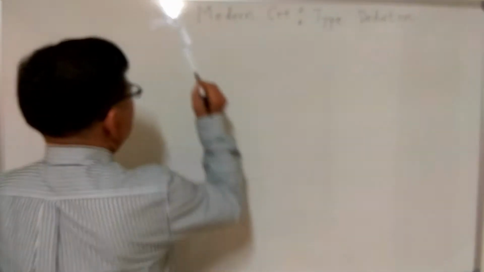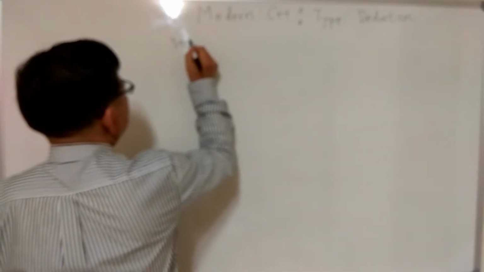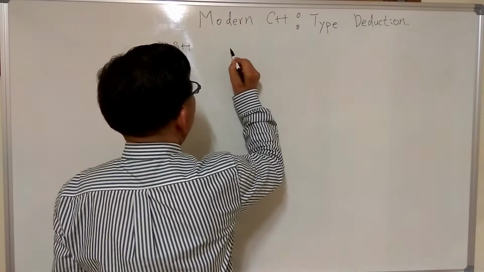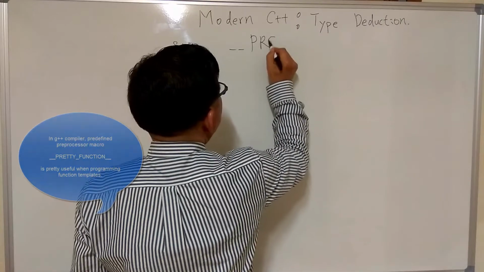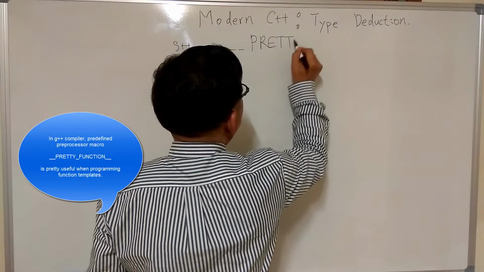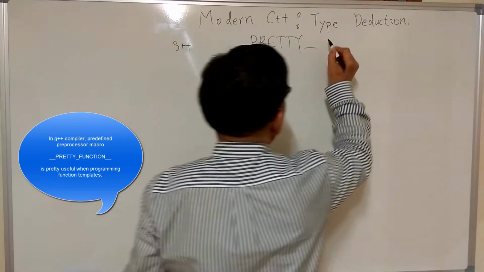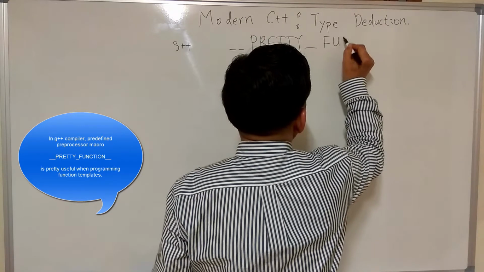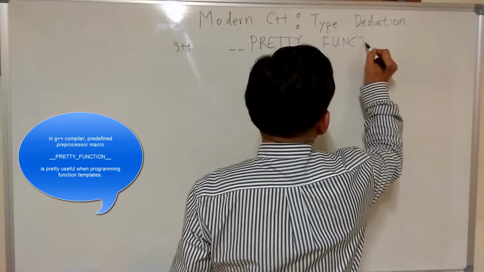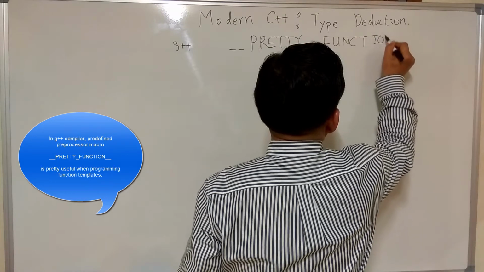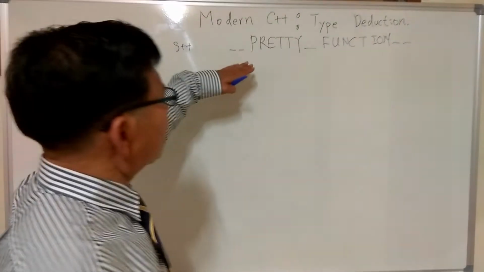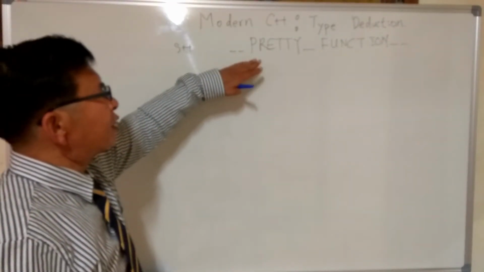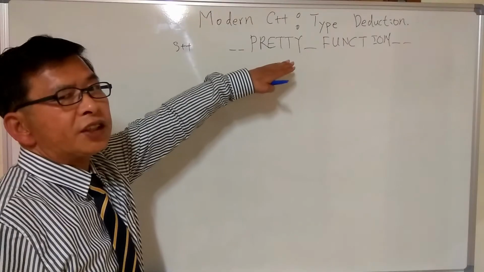In GNU G++ defines one macro that is called __PRETTY_FUNCTION__. This macro gives us the function signature.